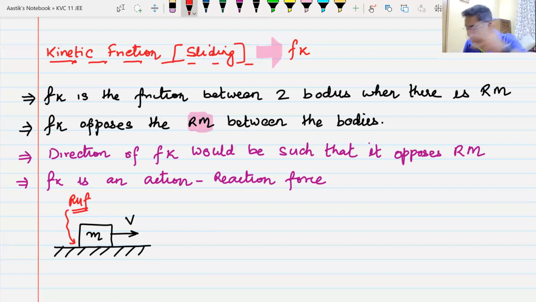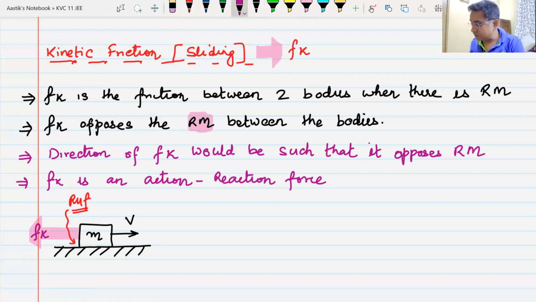That is the first case. Obviously, that would be kinetic, Fk. What would be the direction of this frictional force? It should be such that it opposes the relative motion, opposite to velocity. In this case, on the block, the friction would be going in the backward direction.